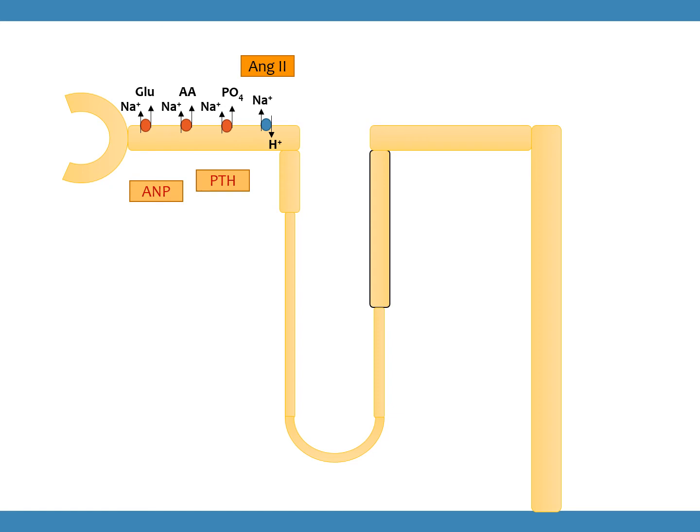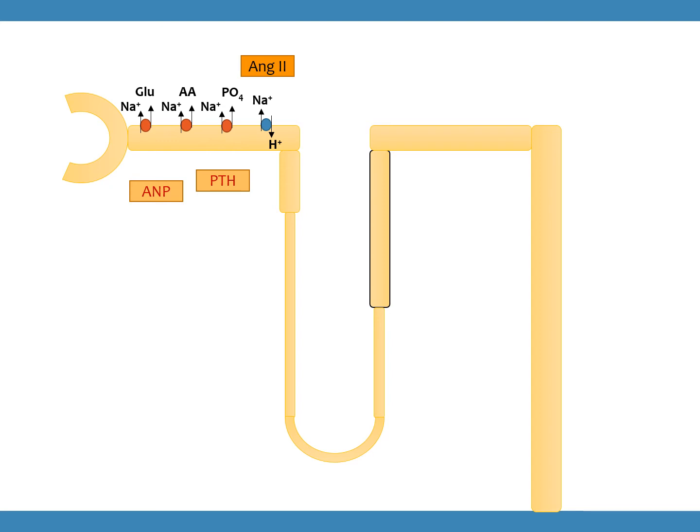The atrial natriuretic peptide, or ANP, generally decreases sodium reabsorption through the proximal tubule. Parathyroid hormone, or PTH, inhibits sodium-phosphate reabsorption, acting on the proximal tubule.